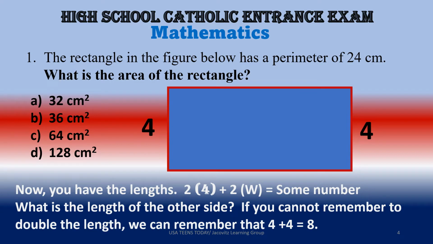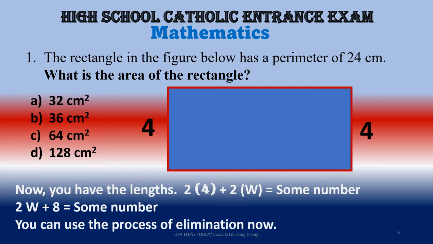So now you pretty much see 2 times the length, plus 2 times the width, which pretty much has to be some number. You have 2 times 4, which you know is 8. So you have part of your work done for you, and you just keep thinking about the numbers on the other side.